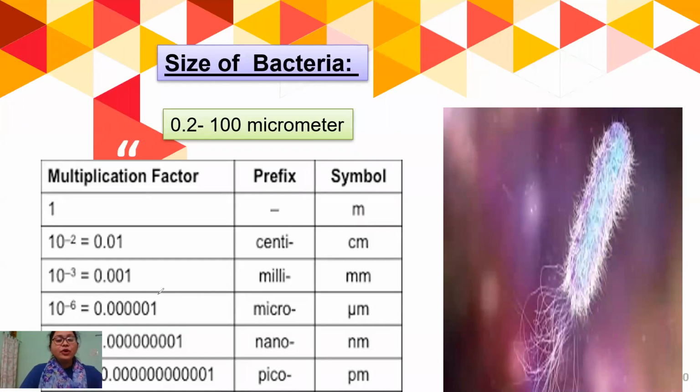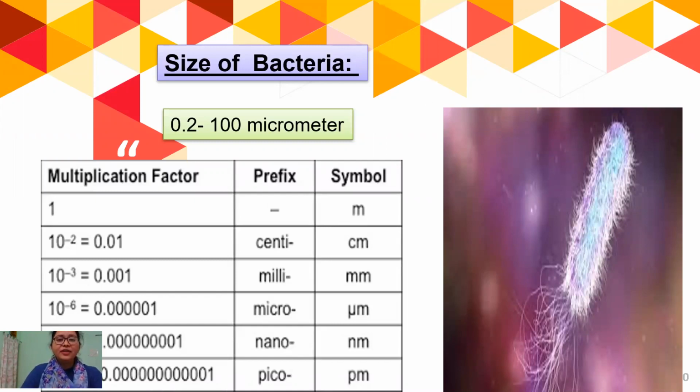Always remember, 1 micrometer is equal to 10⁻⁶ meters. And the approximate size range of a typical bacterial cell ranges from 0.2 to 100 micrometer. That's about the size of a bacterial cell.